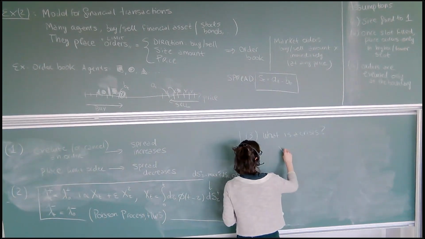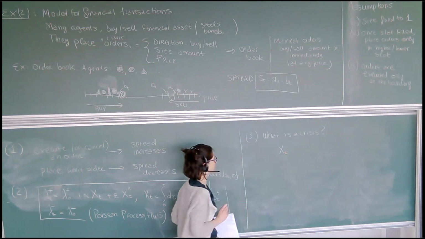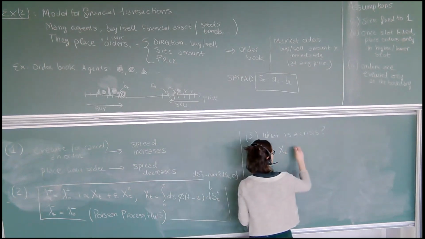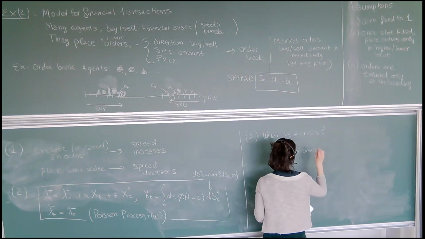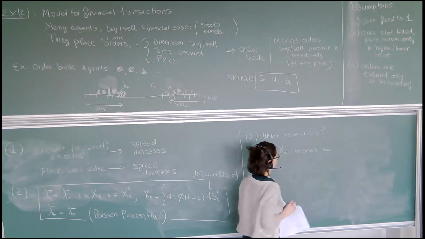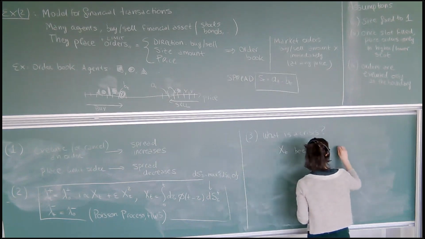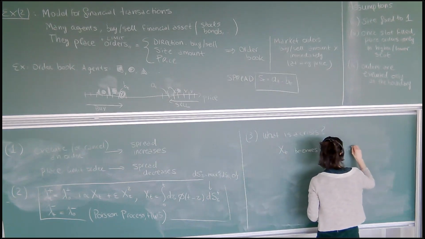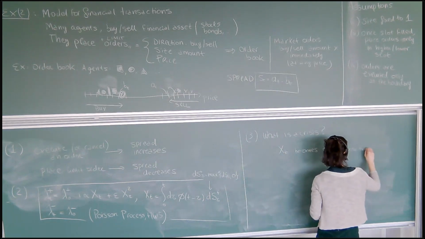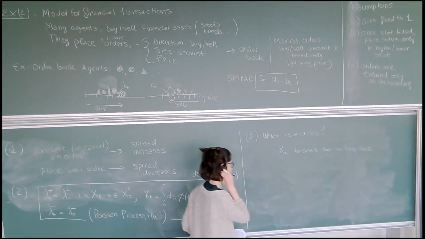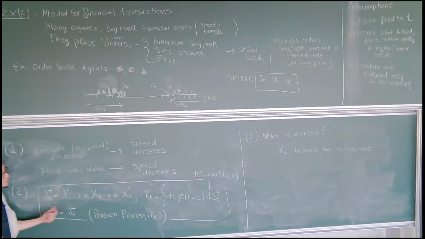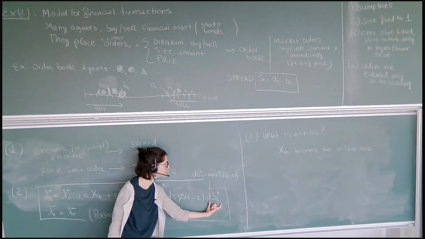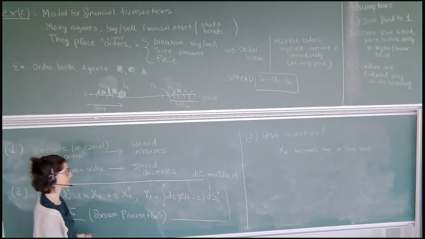So more formally, what this means is that x of t becomes infinite in finite time. Which means basically that you start having an explosion of the events that are increasing the spread.